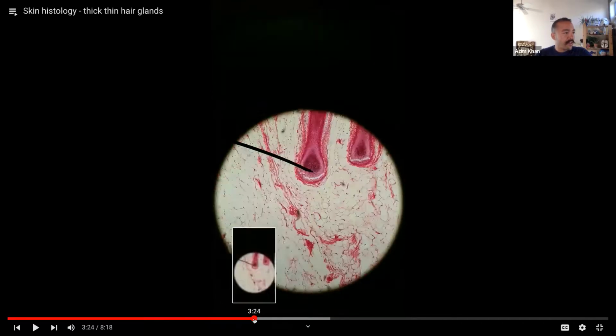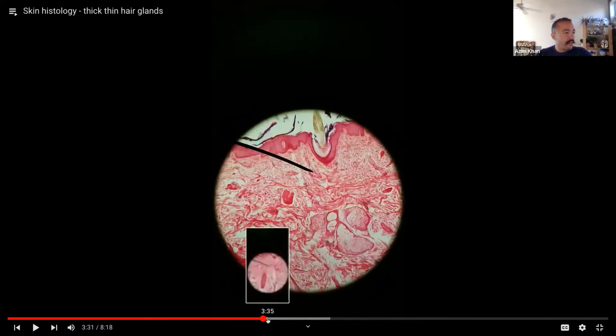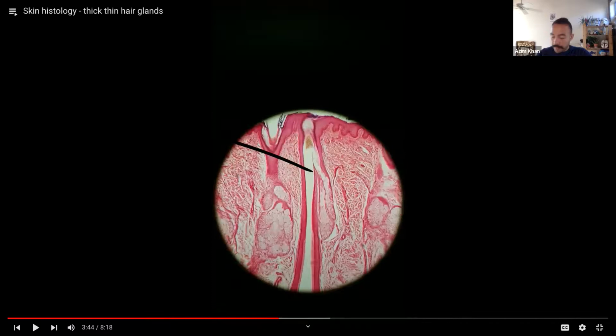This is now 100x. Let's point out one of the gland types. The major gland type that we can see here in many clusters, all of these clusters that I'm circling, they're light colored.